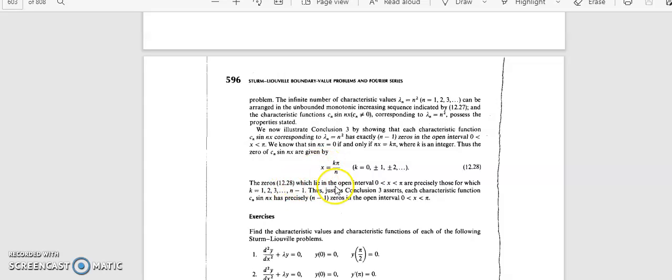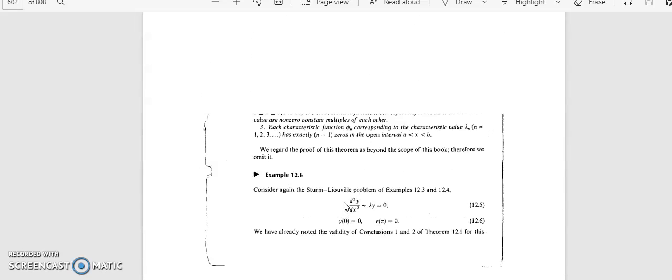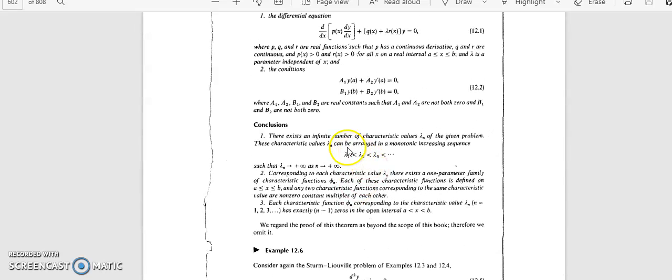So the zeros which lie in the open interval 0 less than x less than pi are precisely for k equal to 1, 2, 3 etc. up to n minus 1. So therefore for each characteristic function cn sin nx there will be precisely n minus 1 zeros in the open interval. So these are the three conclusions.